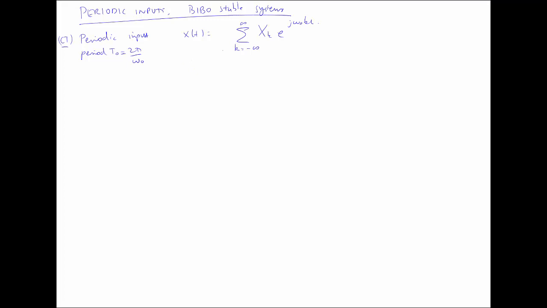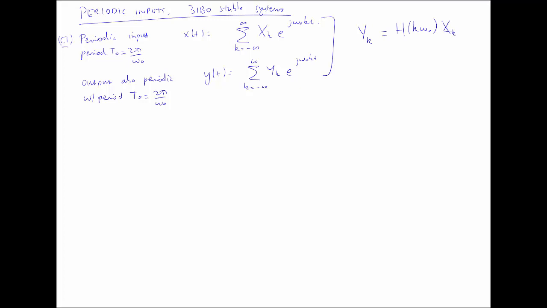So the output is also periodic with period t0, and so the output also has a Fourier series decomposition. And you might ask how they're related, and how they're related is that the kth Fourier series coefficient of the output is the frequency response at frequency k omega naught times the kth Fourier series coefficient of the input. Okay, so that's the key relationship for periodic inputs in continuous time.